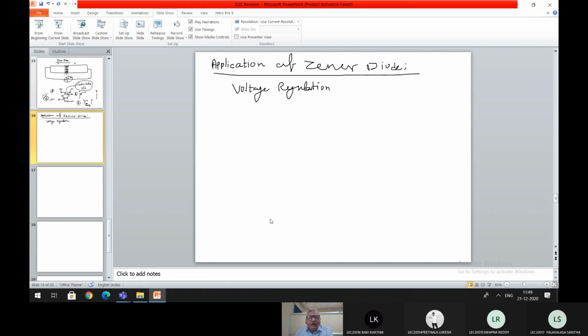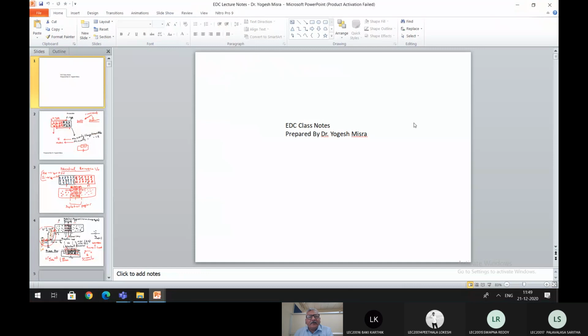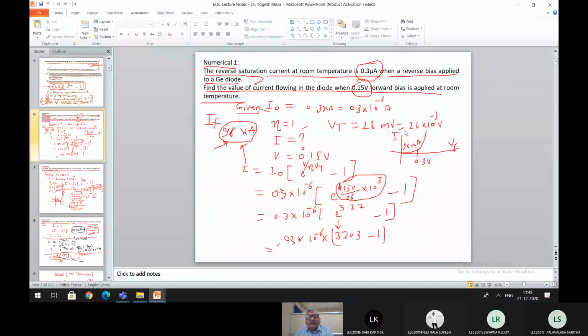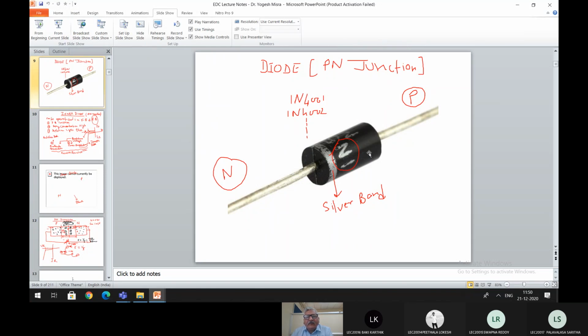So have you seen that Zener diode experiments you have done in diploma, right? Have you seen that Zener diode? Yeah, this diode you might have seen, right? This one. This is a normal PN junction diode. Number is 1N4001, 1N4002, like this.